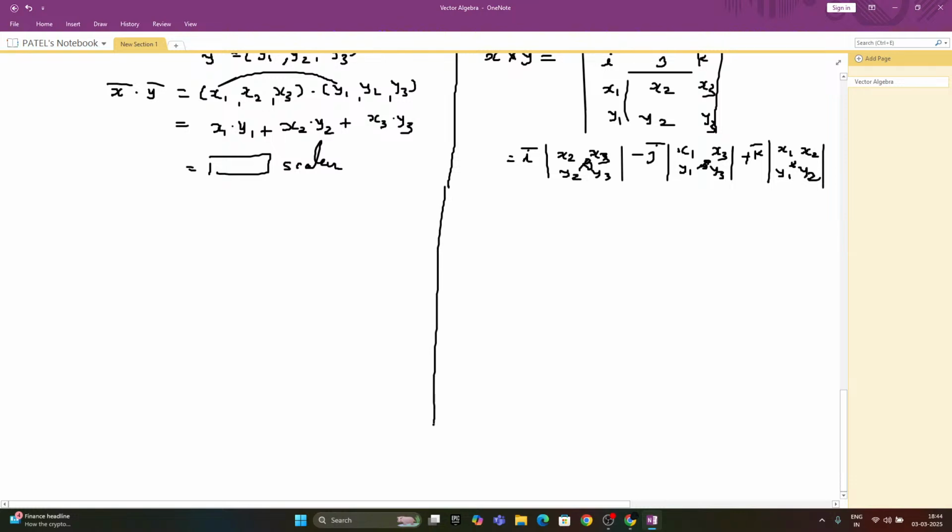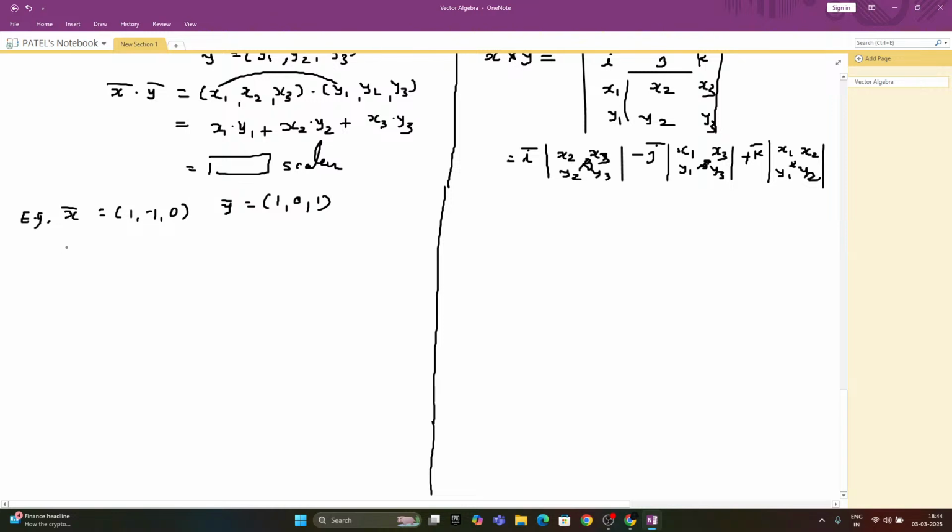For this, we have one example of dot product as well as cross product. For example, x bar equals 1, minus 1, 0, and y bar equals 1, 0, 1.